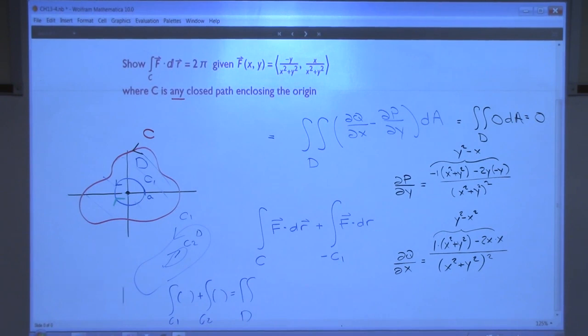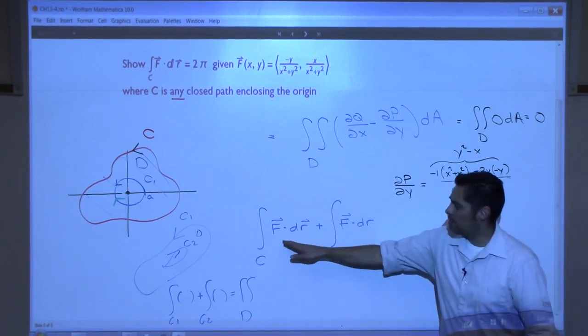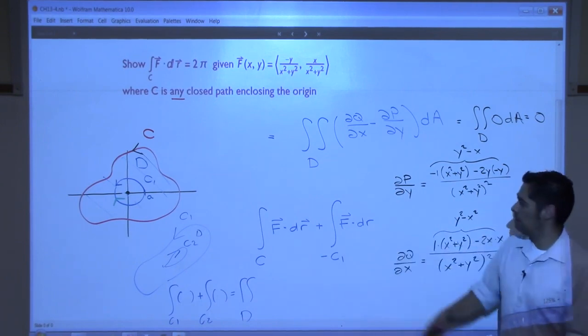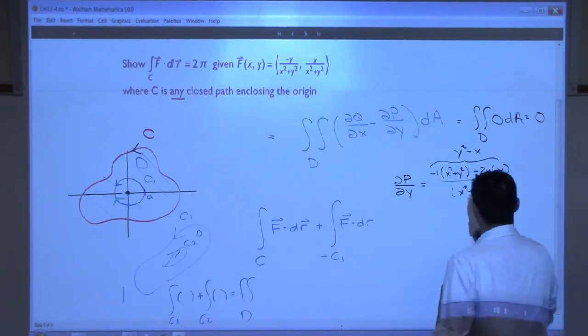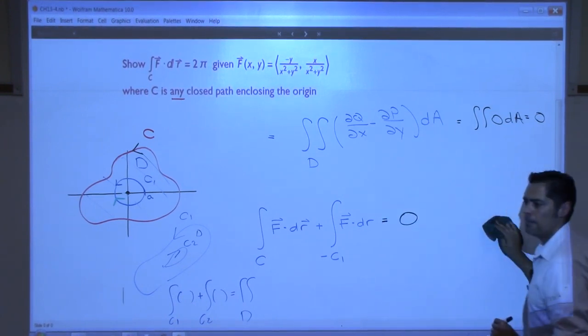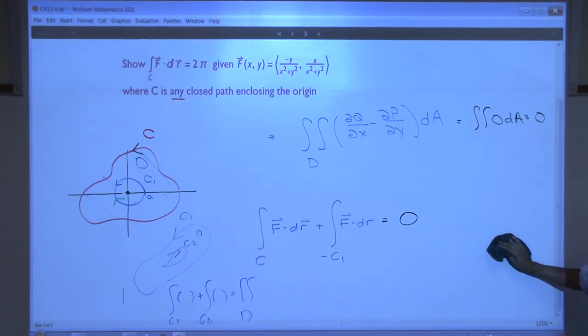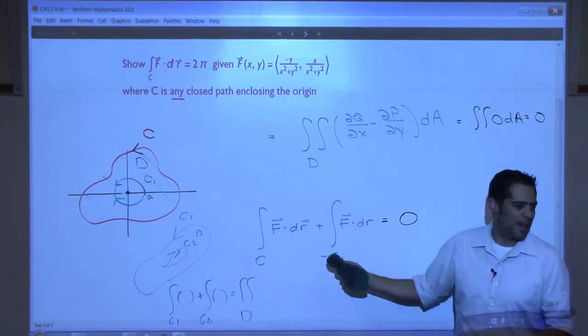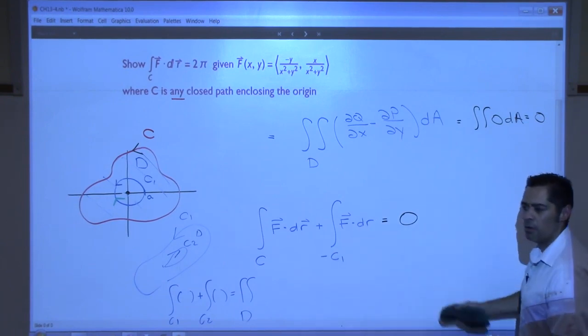Now this is pretty awesome, because this means that this plus this is 0, right? Holy shit. That means that this plus this is 0, which means that these are the same. I mean, sorry, they're opposite in sign. You can just move this one over, right?